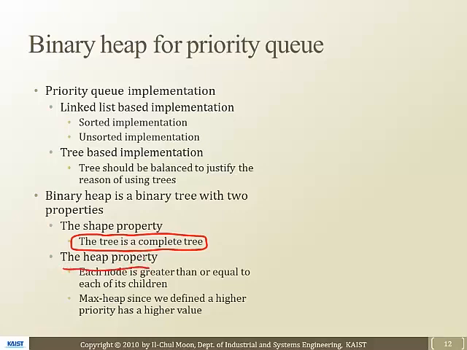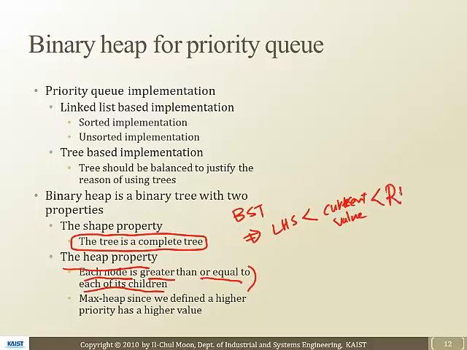The heap property is more like a value type of property. Each node should be greater than or equal to each of its children, right? So it works like the binary search tree. In a binary search tree, we have this constraint: the left-hand side is smaller than the current value, and it must be smaller than the right-hand side.